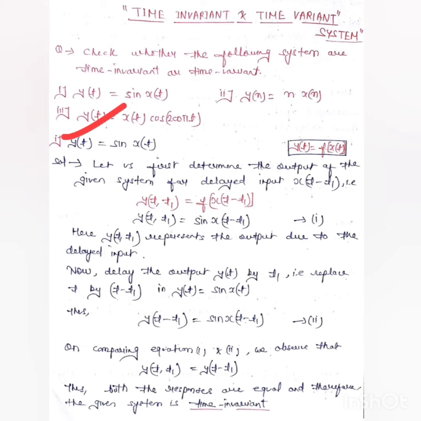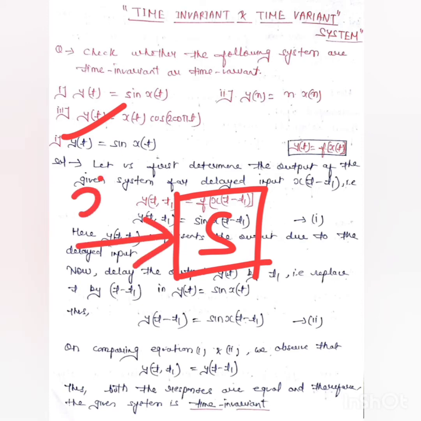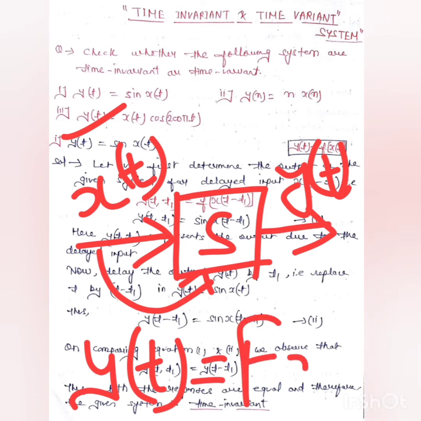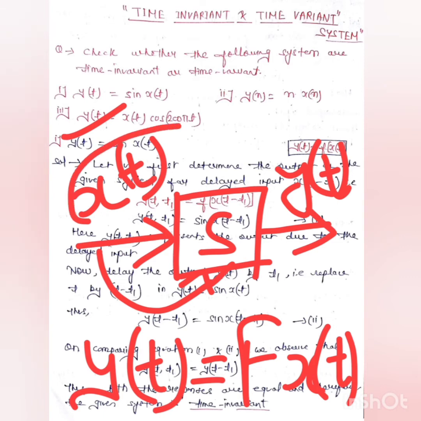First, y(t) equals sine of x(t). Before solving this question, one thing I must explain here. As you know, in any system we require some input, and depending upon this input our system provides some output. So as you can see, y(t), that is output, is nothing but a function of x(t), because our system depend upon input and our output is produced with the help of input.